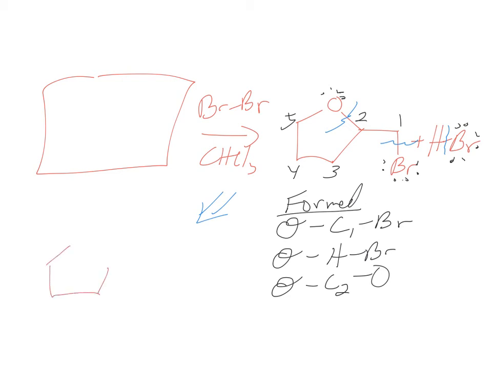We talked about the pi bond being between which two carbons? 1 and 2. Let's put the pi bond between 1 and 2 then. The oxygen we said was there from the start, so let's number our carbons again. 5, 4, 3, 2, 1. So now we're kind of stuck here. We know there has to be a bromine somewhere along the line, and an oxygen. So I've kind of just broken these bonds and put a pi bond there.